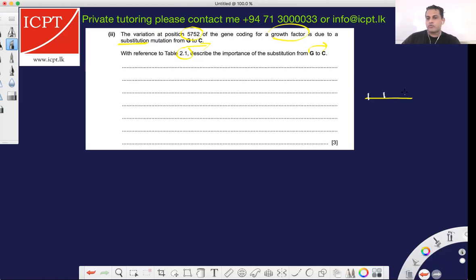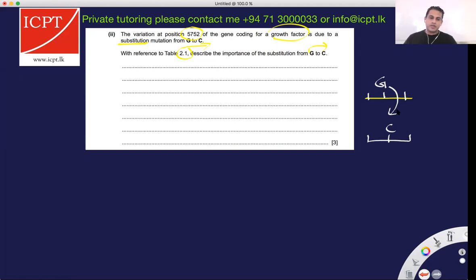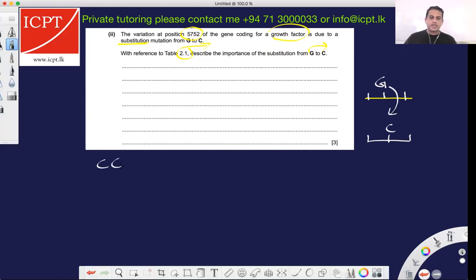So if this is a G, this is replaced by cytosine. So we call this kind of mutation a substitution mutation. So when we look at the previous table, we had CC, CG, and GG.